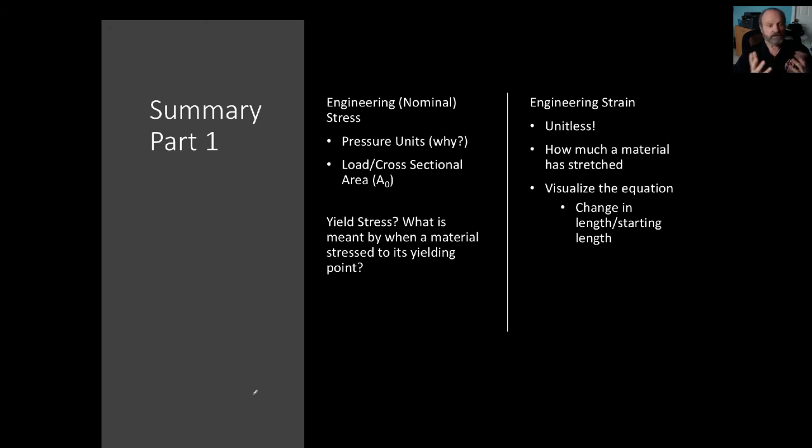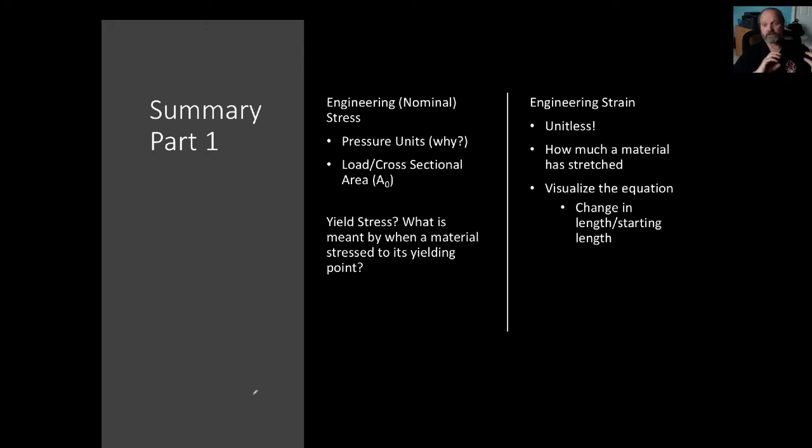And then engineering strain, that's how much you've elongated it. So you're pulling on something and measuring how far you're stretching it. That's what a stress-strain curve is. The strain itself doesn't have units. It gives you an idea of how much the material has stretched for a given stress.